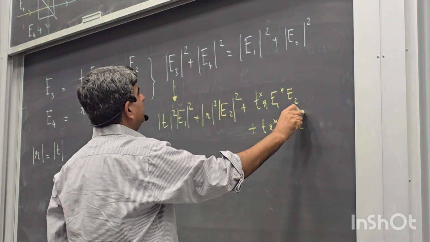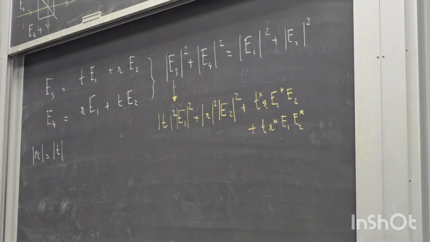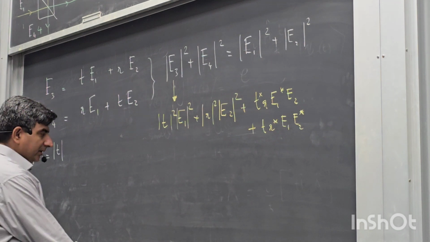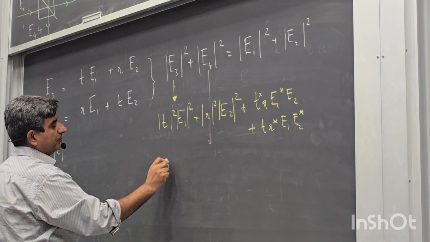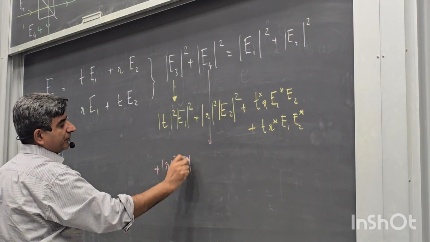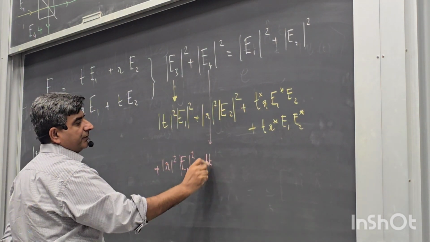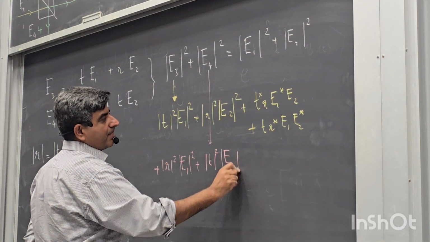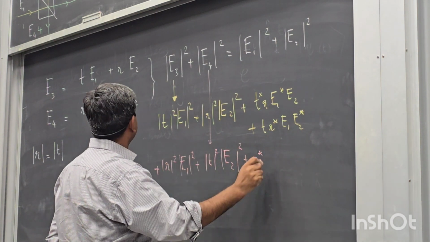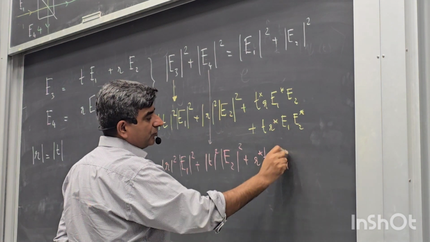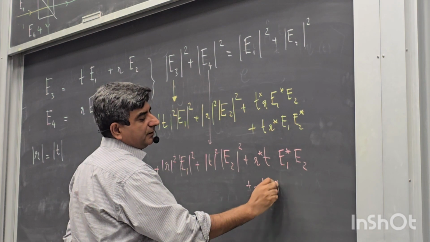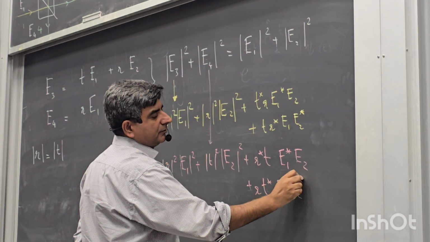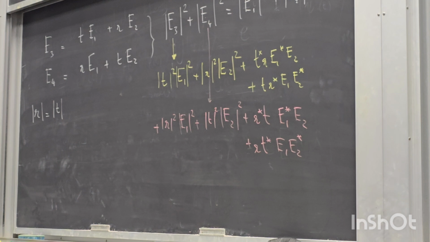This is my |E3|². And my |E4|² is going to be |R|²|E1|² plus |T|²|E2|² plus R* T E1* E2 plus R T* E1 E2*. Right? This must equal the right hand side.